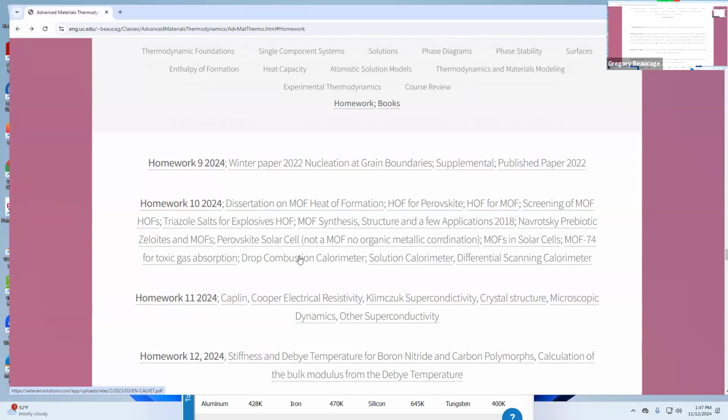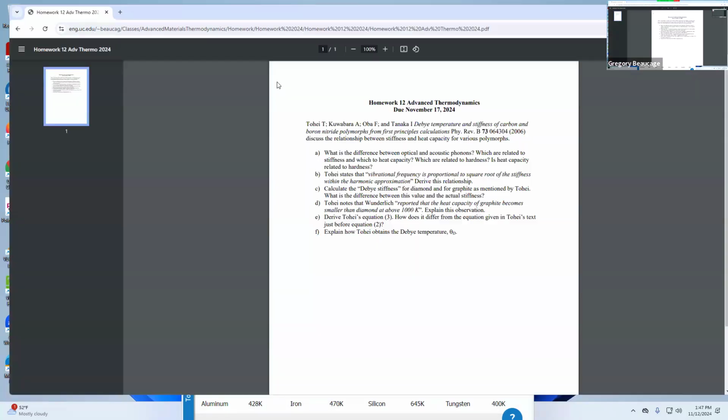So you can do 12 now, with what I did. It's basically do that Debye derivation. Optical and acoustic phonons. How is it related to hardness, heat capacity, square root of stiffness, and the Wonderlic.